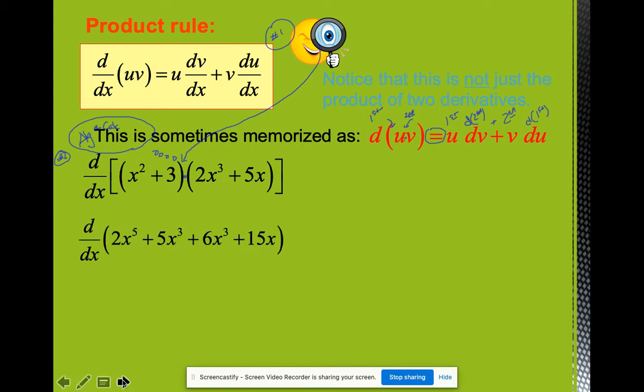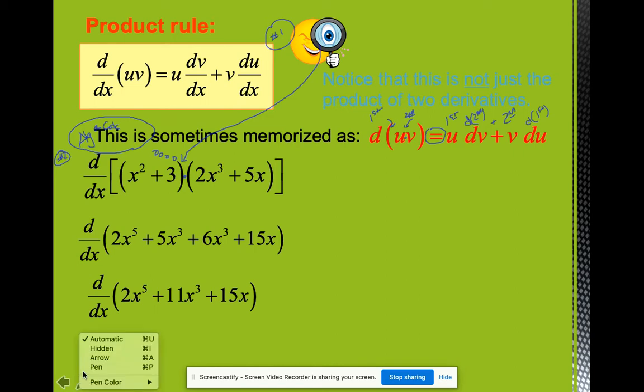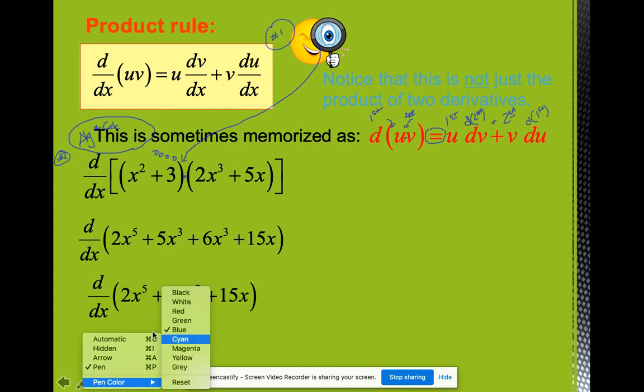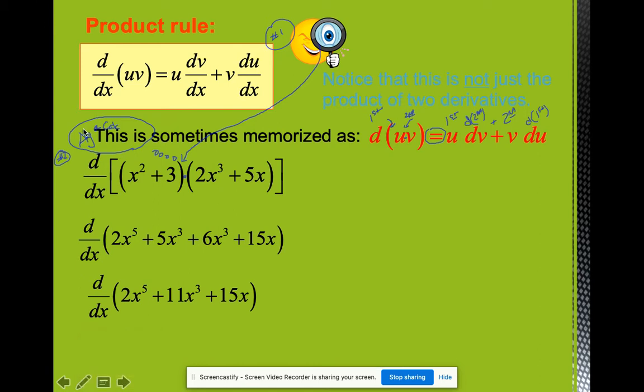Multiplied them together, combined the like terms, and now I'm going to do calculus. In this case, I chose to do algebra first. Then calculus.